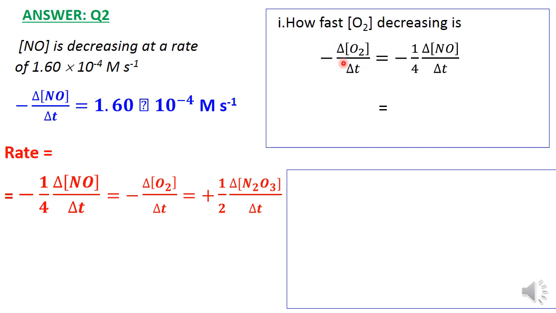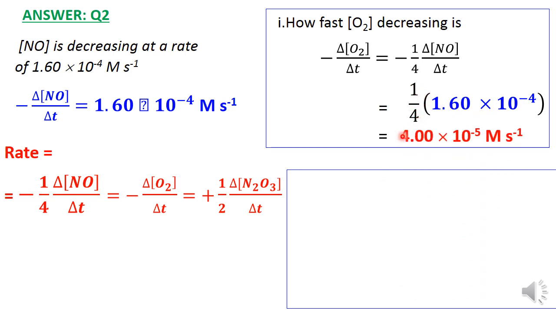The rate for the decreasing of oxygen is equal to 1 over 4 of the decreasing of NO. So we replace the rate for the decreasing of NO, 1.6 times 10 to the power of negative 4, multiplied by 1 over 4. So we get the rate for the decreasing of O2 is 4 times 10 to the power of minus 5.